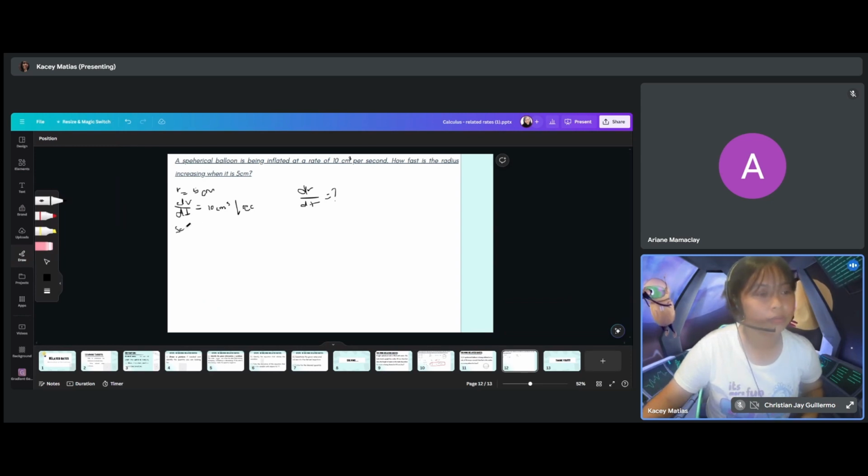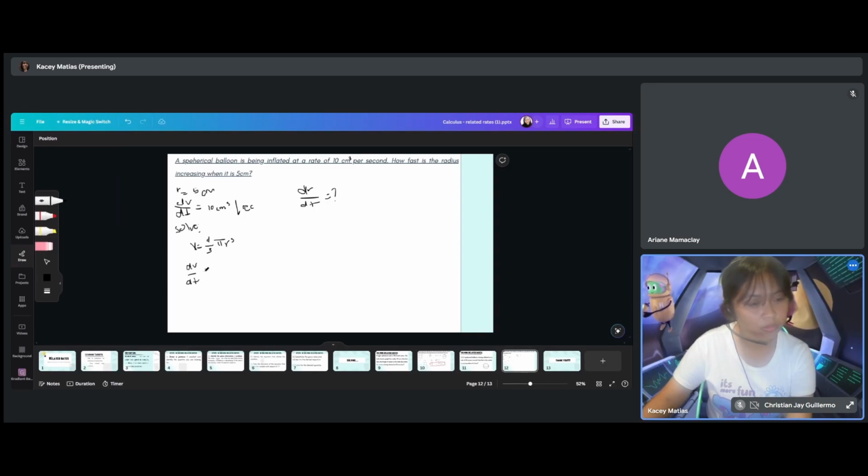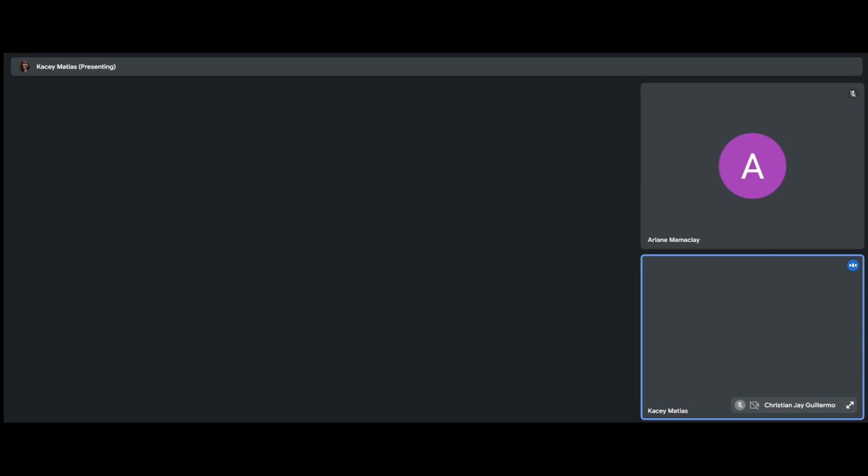So, solve na natin. Yung formula natin dito is V equals 4 over 3 pi radius cubed. Paano natin nakuha si 3?